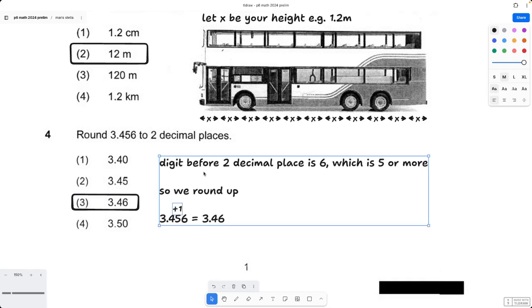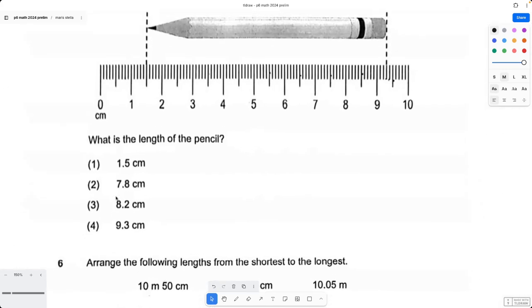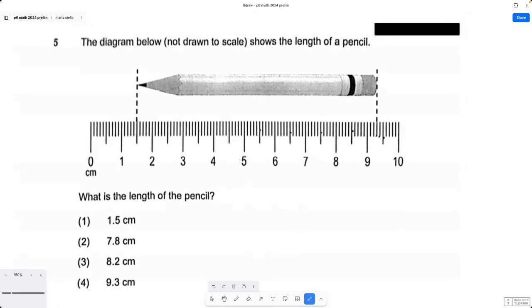So let's move to question number 5. It says here, the diagram below, not drawn to scale, shows the length of a pencil. What's the length of the pencil? Halfway here is 1.5 centimeters. I'll just put 1.5 without the centimeters. You got 1.5 over here because it's half, and the other end is 9.3.